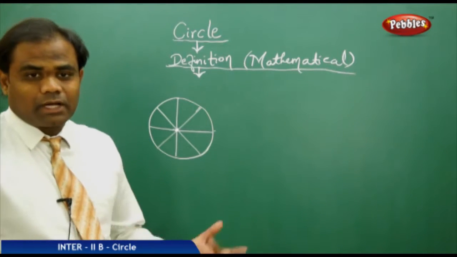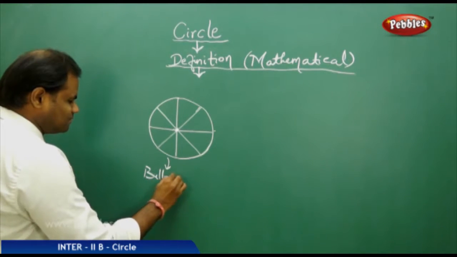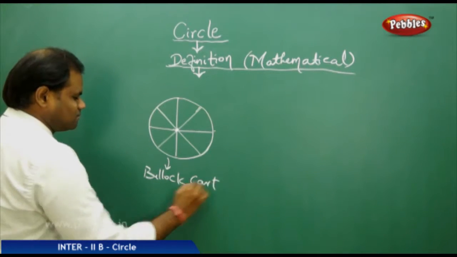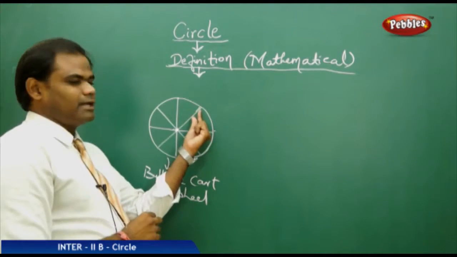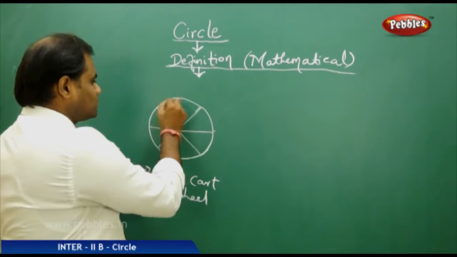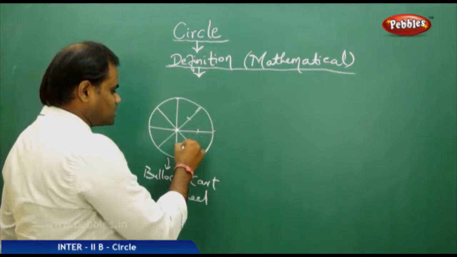So if I take a bullock cart wheel, then I clearly see that each of the sticks which are attached to the end points of the rim of the wheel are equal, that is, they are equidistant.